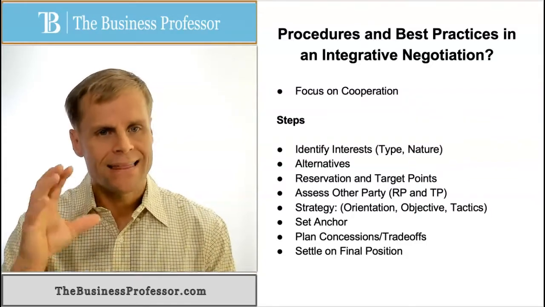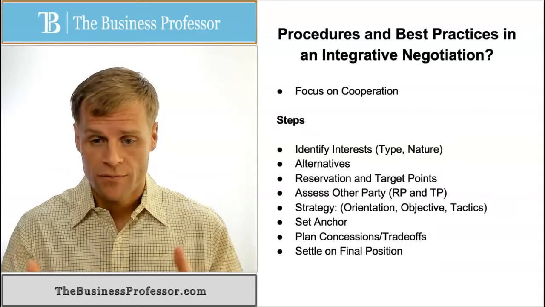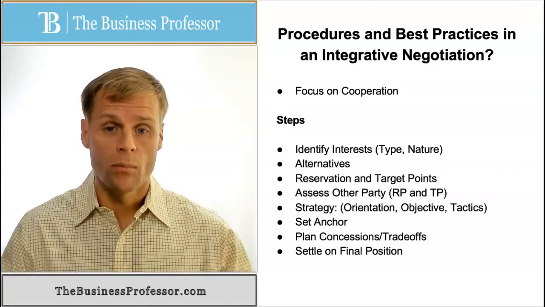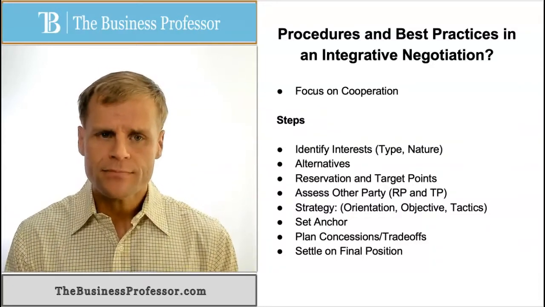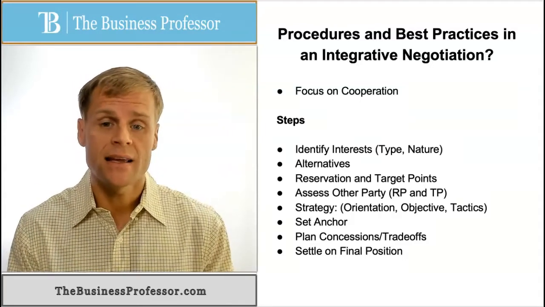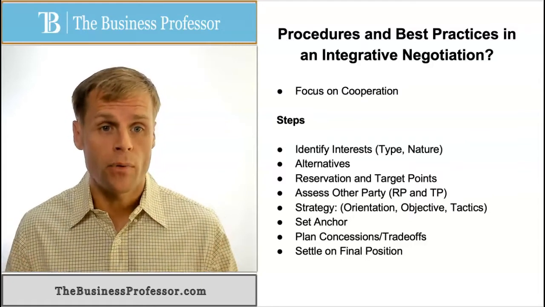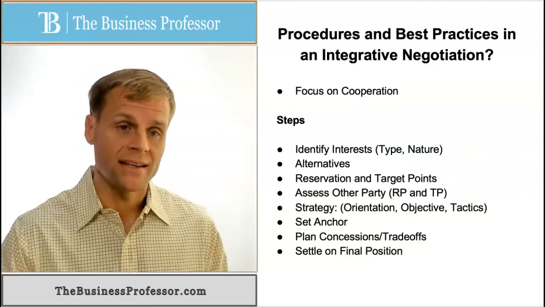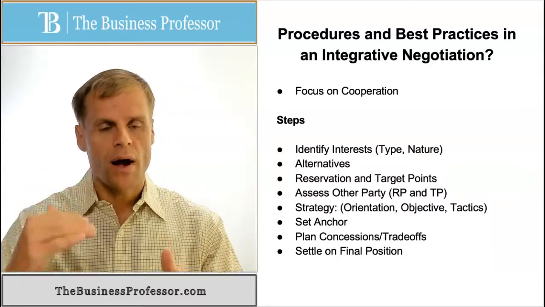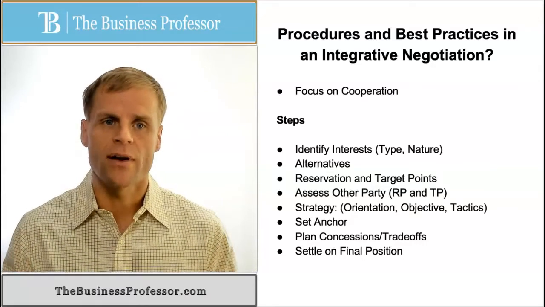So remember that is at the heart of the integrated negotiation: trading off, focusing on that isolated value, so that both parties can get more of what they want. All right. And then ultimately, hopefully with the interest or collective interest at stake, you arrive at a final position, right? A settlement point in the negotiation that is a negotiated agreement. And that collectively is the best process or procedures or steps to take to proceed through an integrative negotiation.